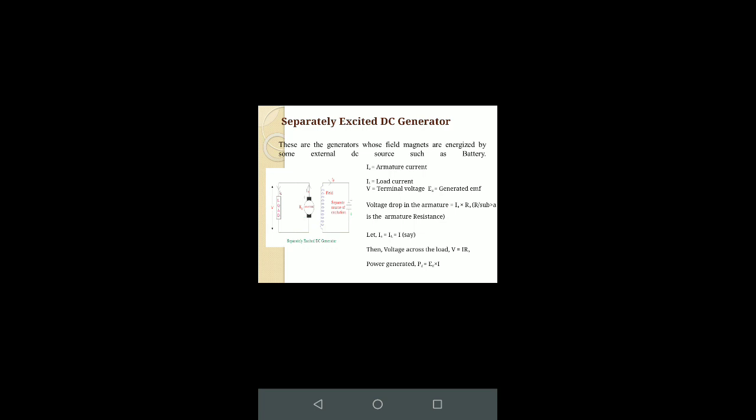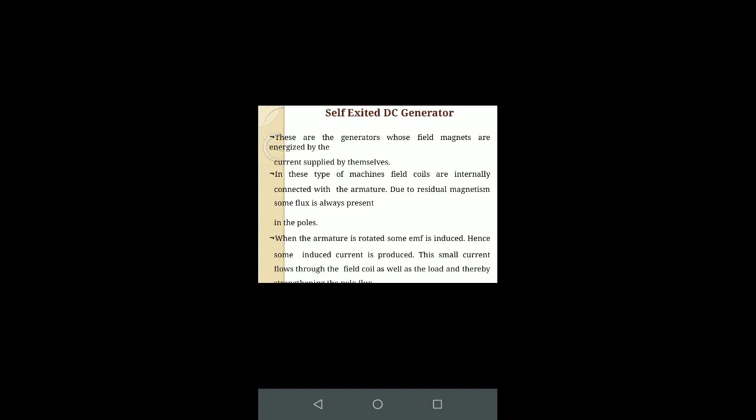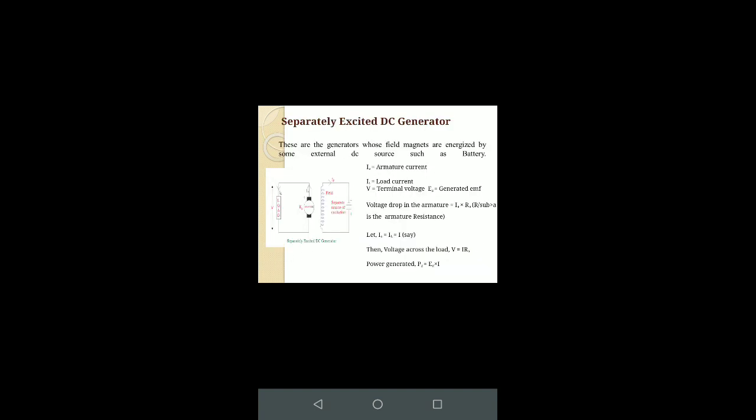In this, as you observe in the figure, IA is the armature current, IL is the load current, V is the terminal voltage, EG is the generated EMF, and the voltage drop in the armature is IARA, where RA is the armature resistance.